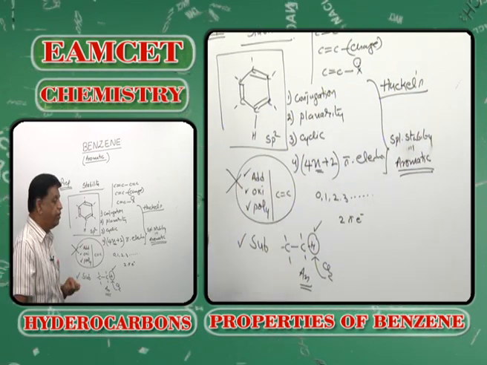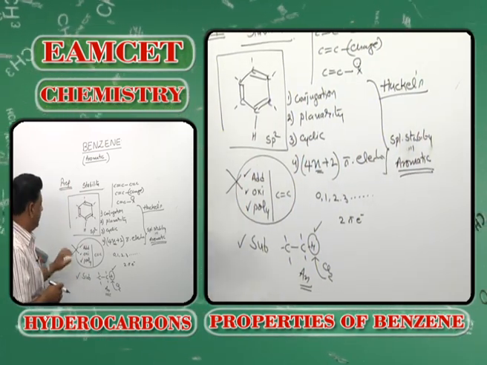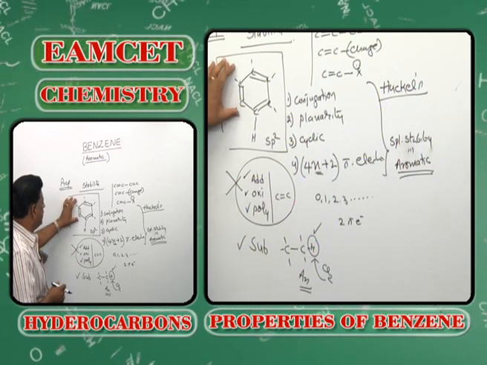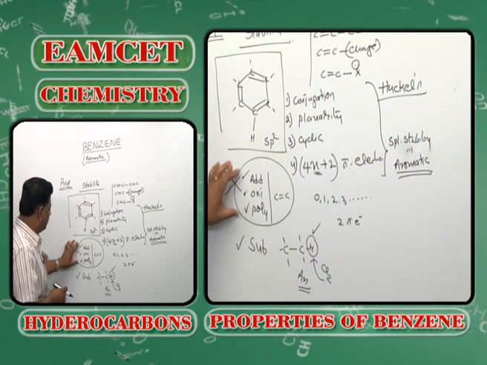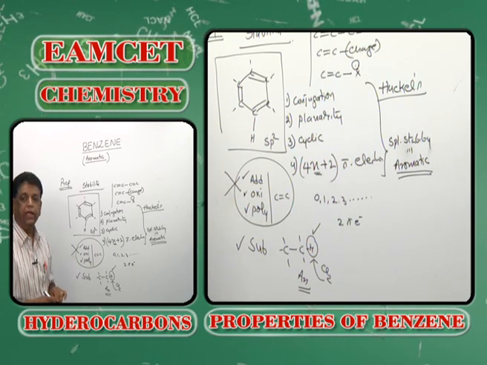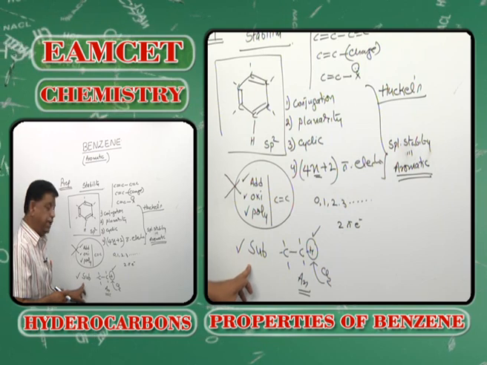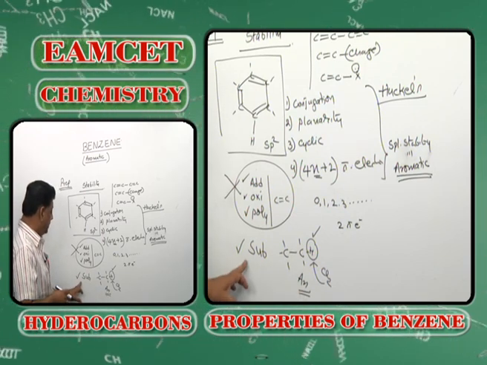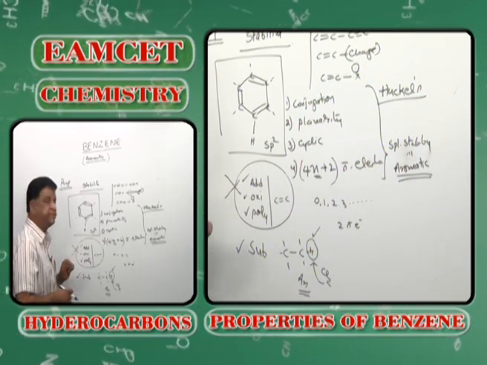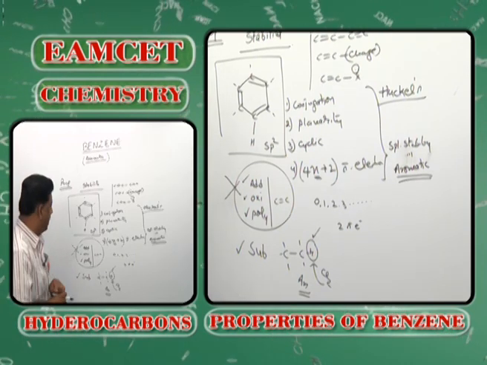So now the definition of aromaticity is a special behavior: whenever a molecule contains a double bond, but in spite of the double bond it is not showing the characteristic reactions of alkenes. Instead, it is preferring to show the reactions of saturated alkanes, that is substitution. Such a property is defined as aromatic.